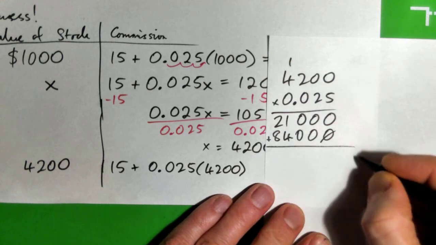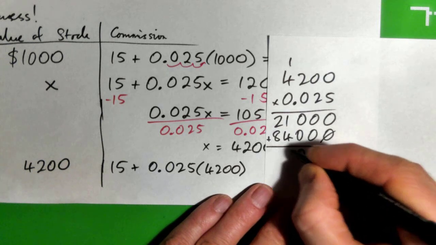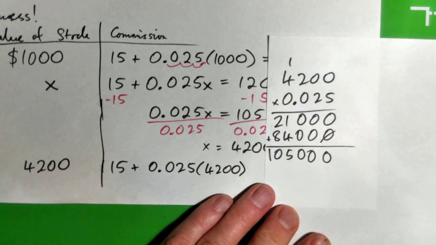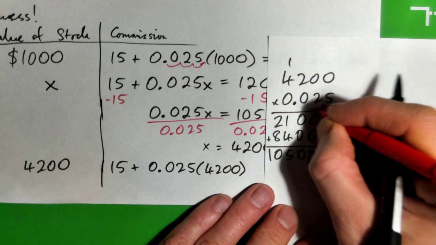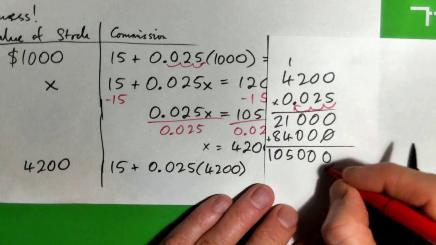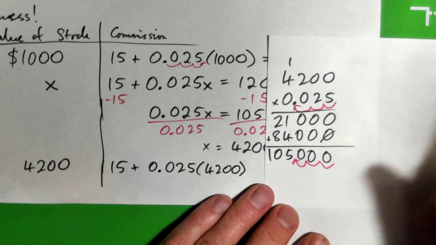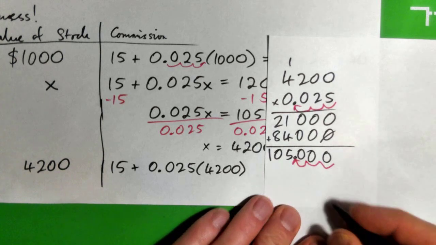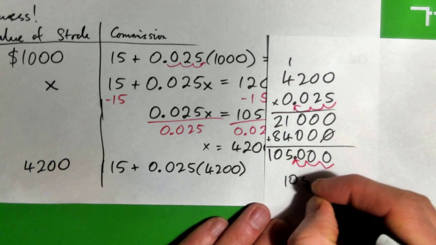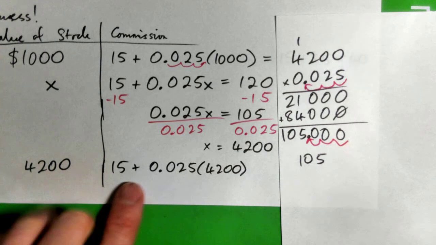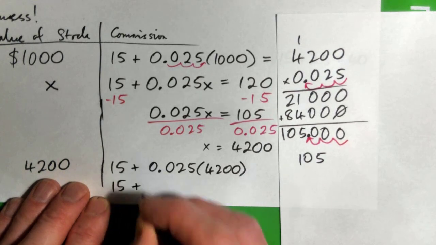Add, and we get 105,00. There are 1, 2, 3 decimal places in the question, so 1, 2, 3 of them in the answer. So 105.00, which is 105. So this becomes 15 plus 105.